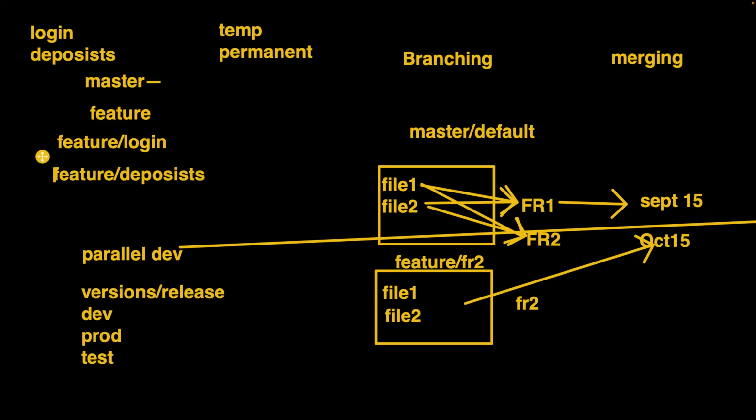So branches are like virtual folders that allow parallel development, because different developers will be working on different requirements. They will create a separate branch and work on it, like login branch, deposits branch. Those are all features, so feature slash branch, whatever the name.